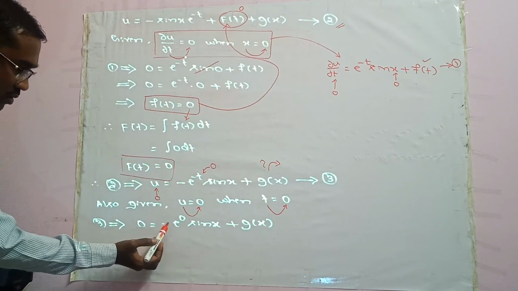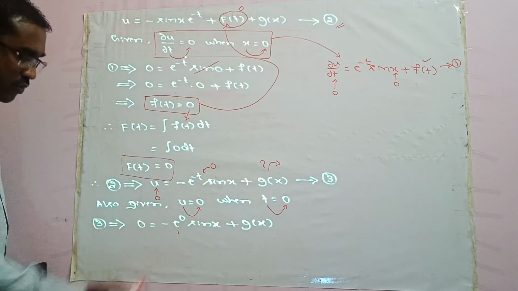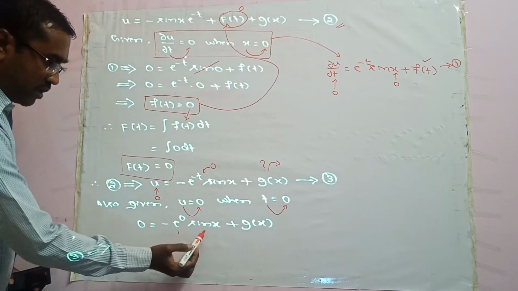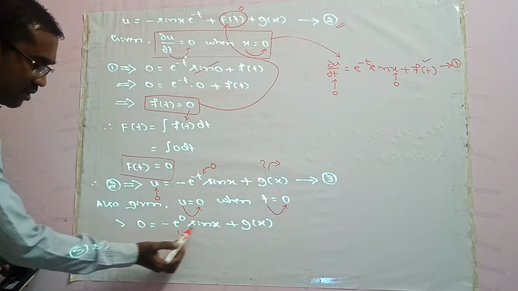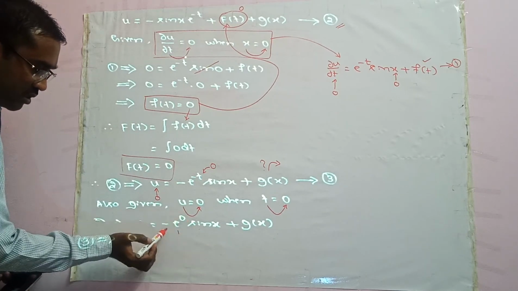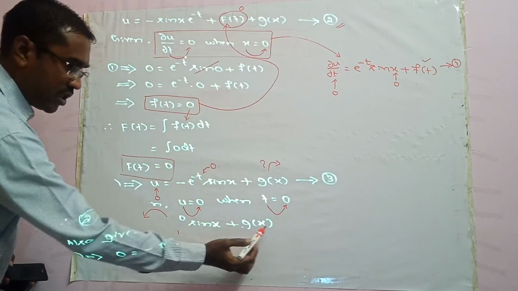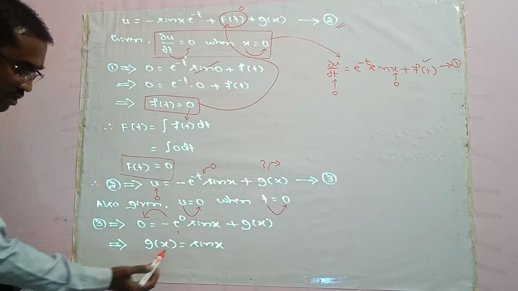Now here, what is the value of e to the power 0? E to the power 0 value is 1. So you get minus sin x. 0 is equal to minus sin x plus g of x, right? If you take this minus sin x to the other side, what you get? G of x is equal to sin x.